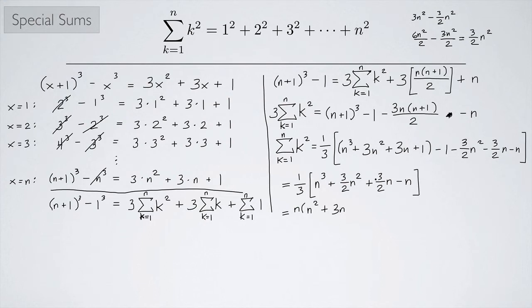And then I have a 3 halves n minus n. What was that? 3 halves n minus n. That's the same thing as 3 halves n minus 2n over 2. And let's see, 3 minus 2 is 1. This is just n over 2.